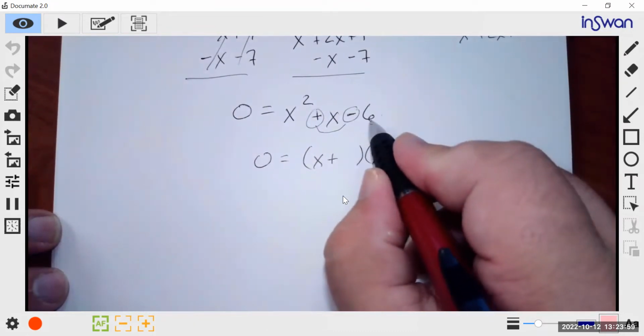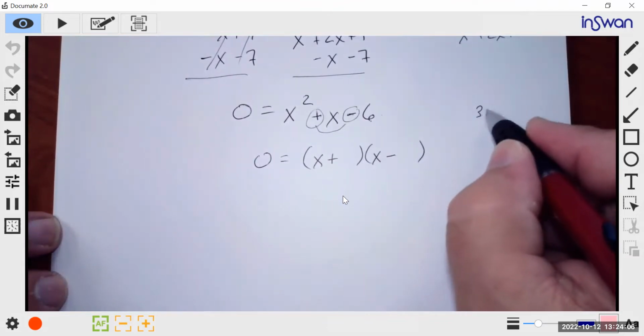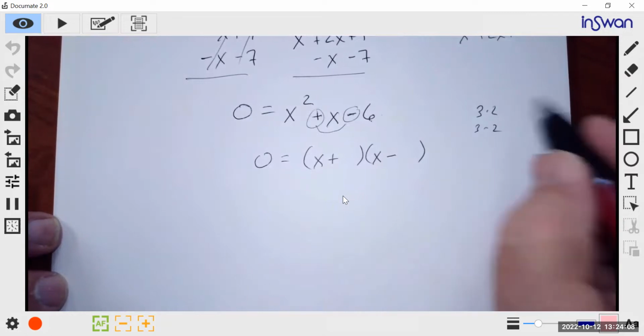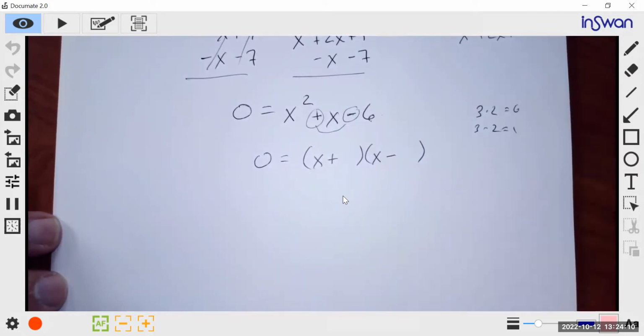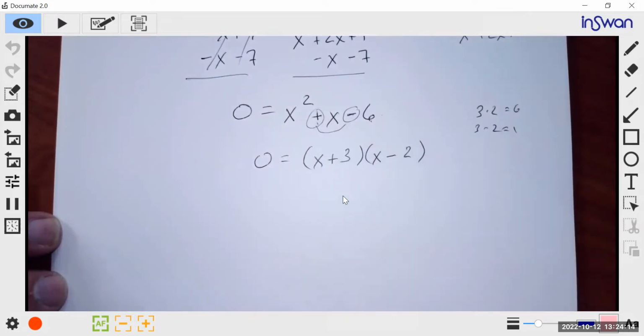So what times what is 3? When you subtract them, you get 1. Yeah, 3 times 2, 3 minus 2. So the bigger number gets the plus, smaller number gets the minus.